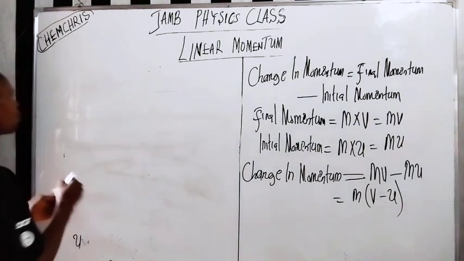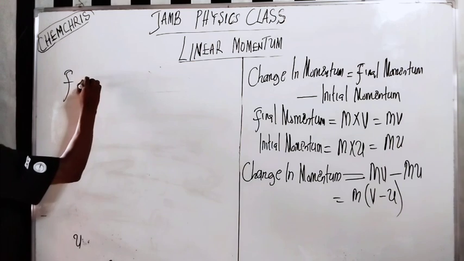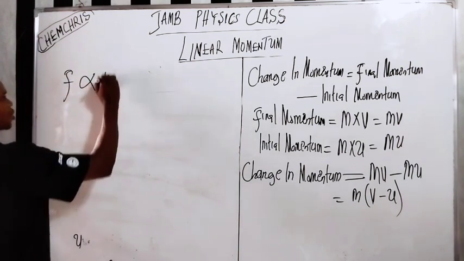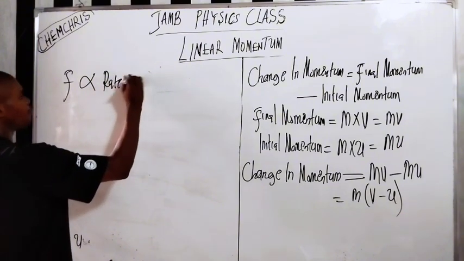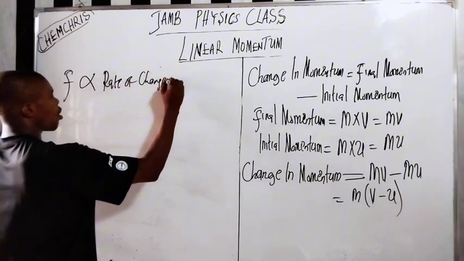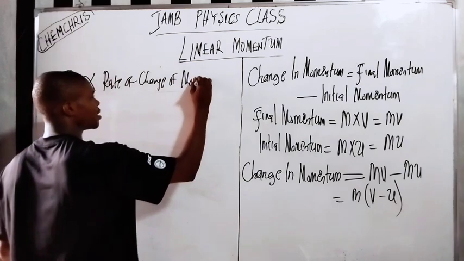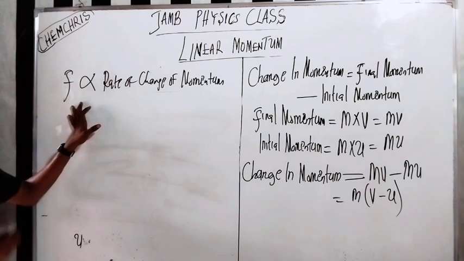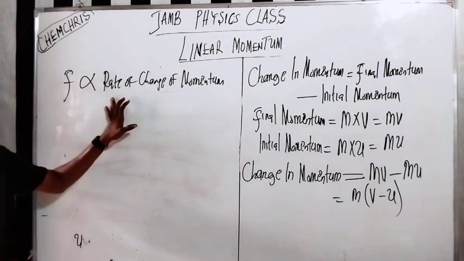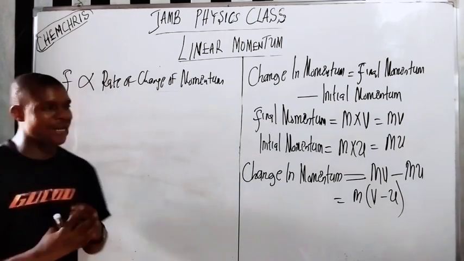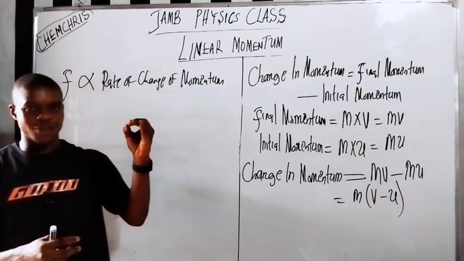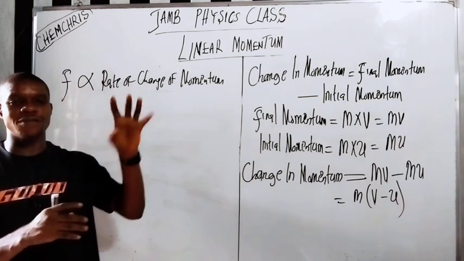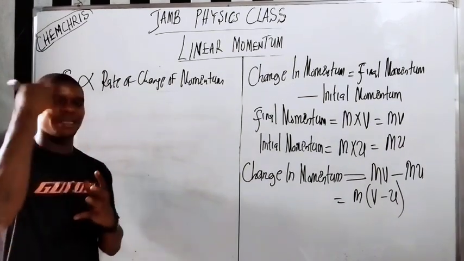That means force is directly proportional to the rate of change of momentum. Please take it down. It means that the higher the force, the higher the rate of change of momentum.